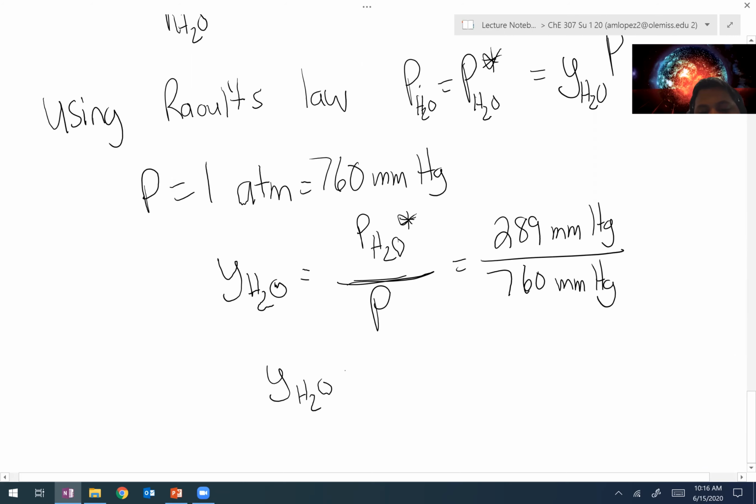So that says the mole fraction of water in the air is about 0.38, or 38 mole percent.